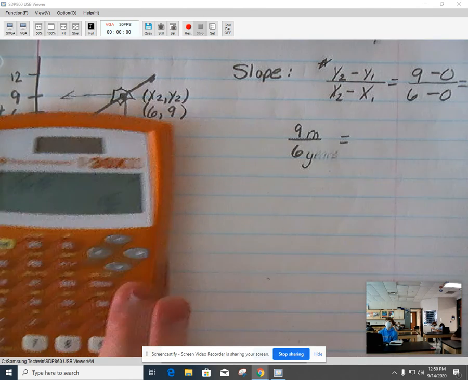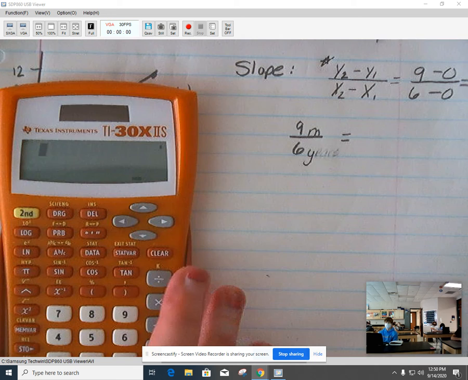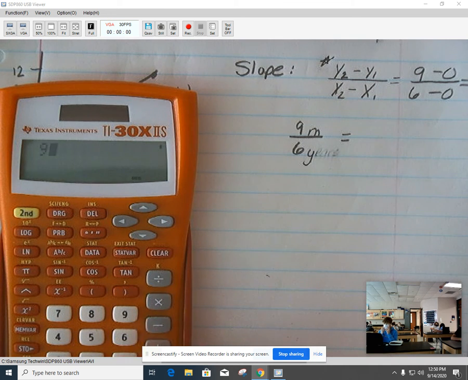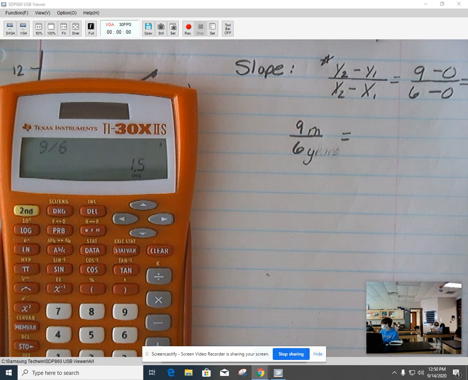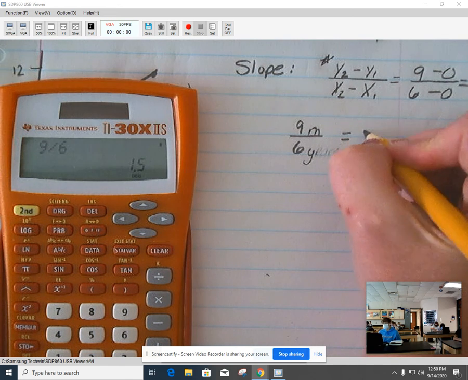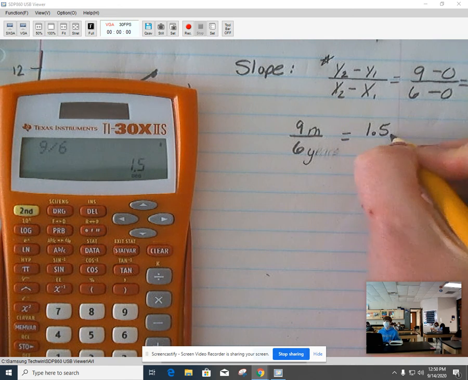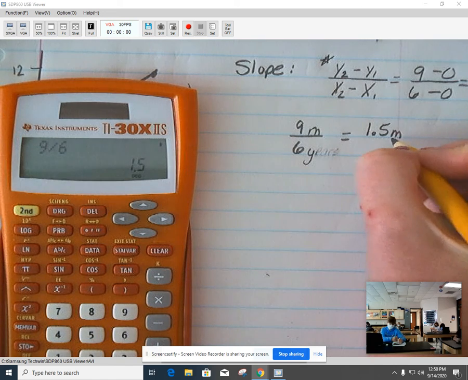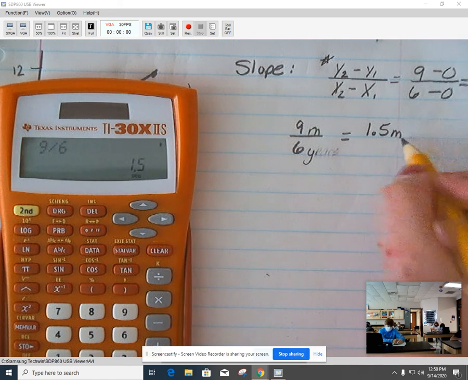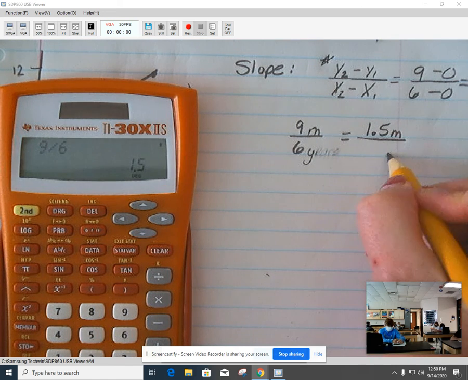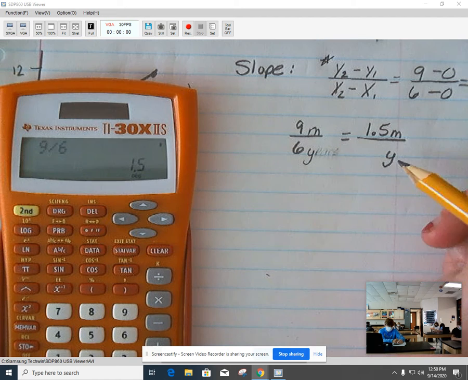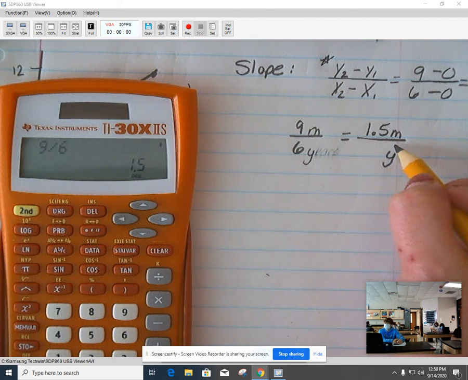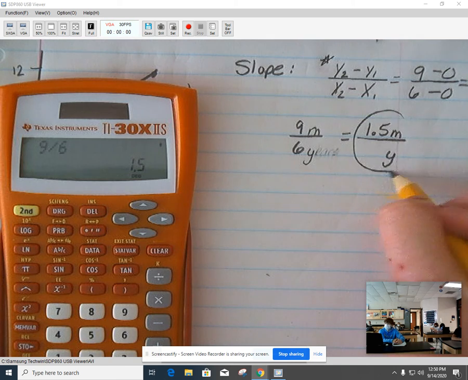Then you plug it in your calculator: 9 divided by 6 equals 1.5 meters. Now watch how I write this. Meters per year. That line means per. So 1.5 meters per year. That's your slope.